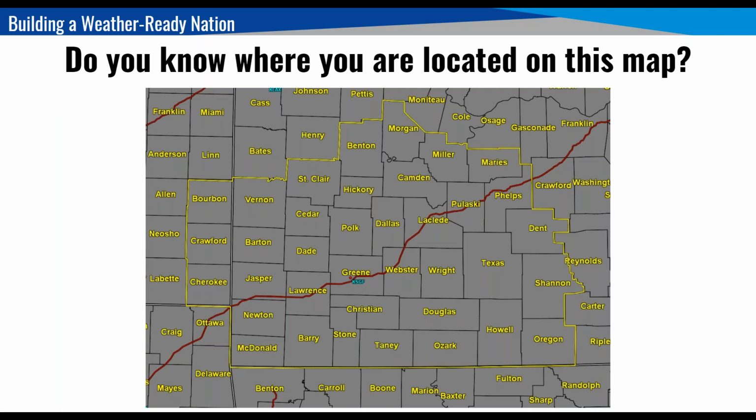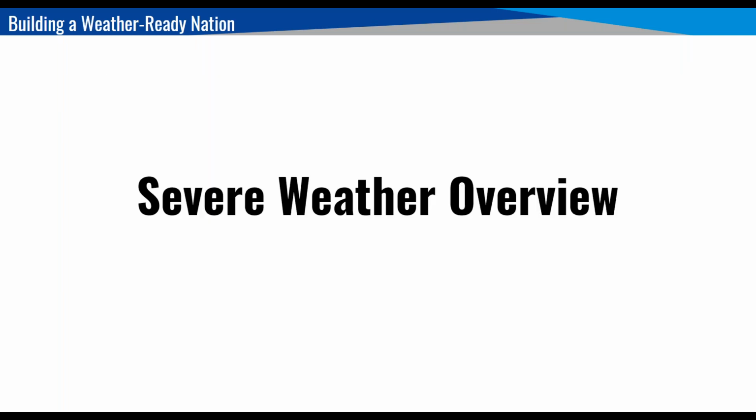So maybe take a moment, if you have not done so recently, to know where you are located on this map. I have highlighted here, the red line denotes the Interstate 44 corridor that runs through portions of Greene County all the way up to Pulaski and Phelps. So just take a moment to see where you would be on this map.